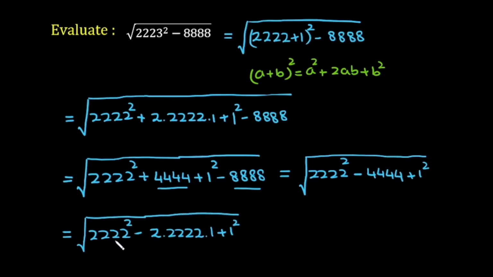This is again our formula: a square minus 2ab plus b square. So this is equal to 2222 minus 1 square under root.